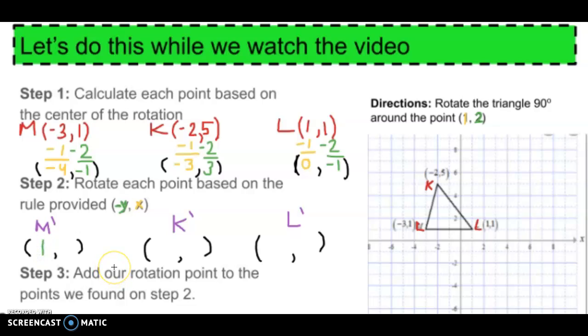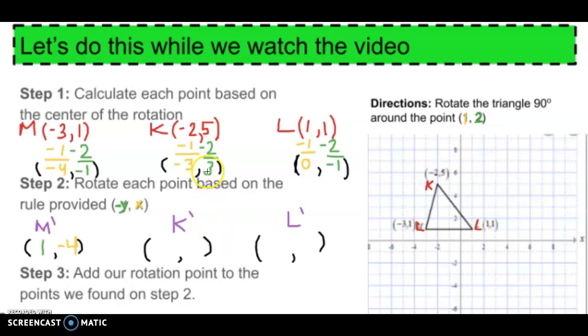Next, I'm going to just rewrite my x term, but where y should have been. So we're flipping it like our rule tells us. Okay? So my M prime, or my new location of M for my triangle, after it has been rotated, is going to be 1, -4.